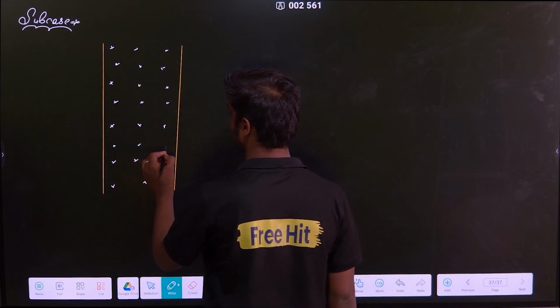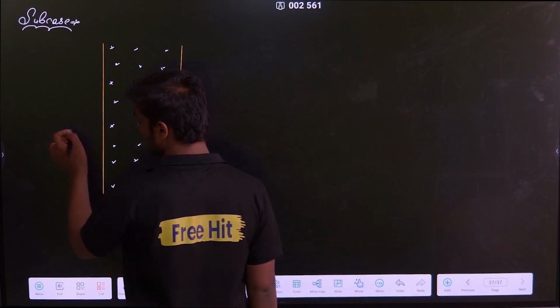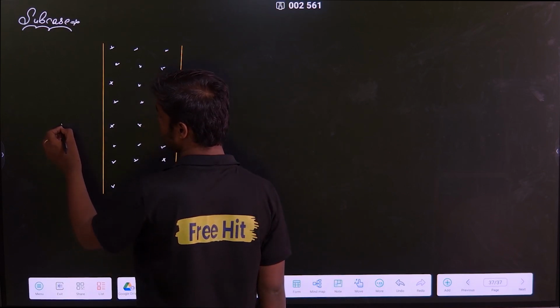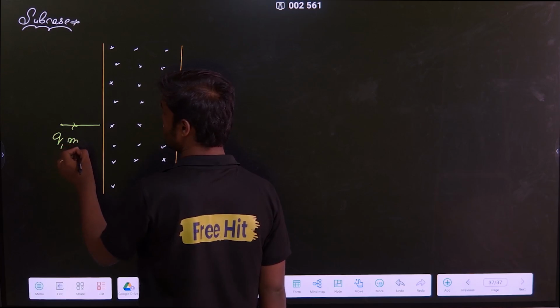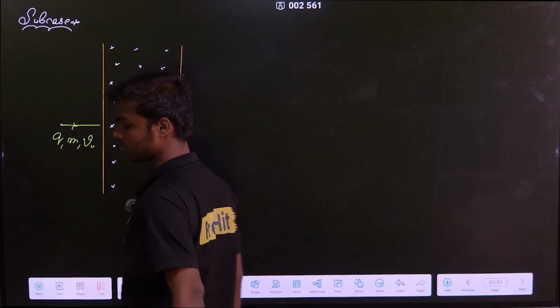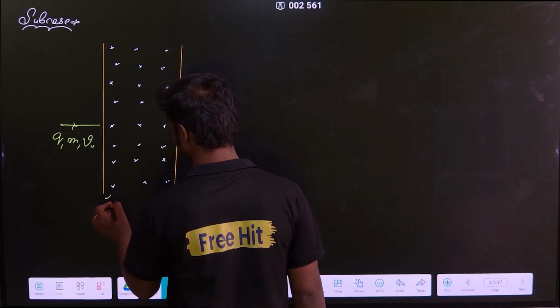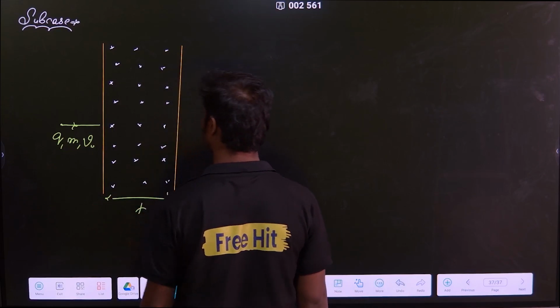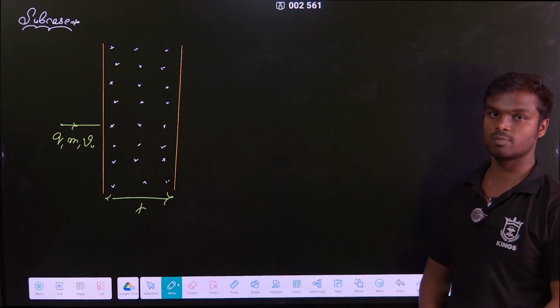Now suppose the particle is sent with a velocity. Suppose there is one particle of charge q, mass m, which has been sent with velocity v naught, and suppose this distance is given as t. I am not giving you any condition, but two things can be possible.